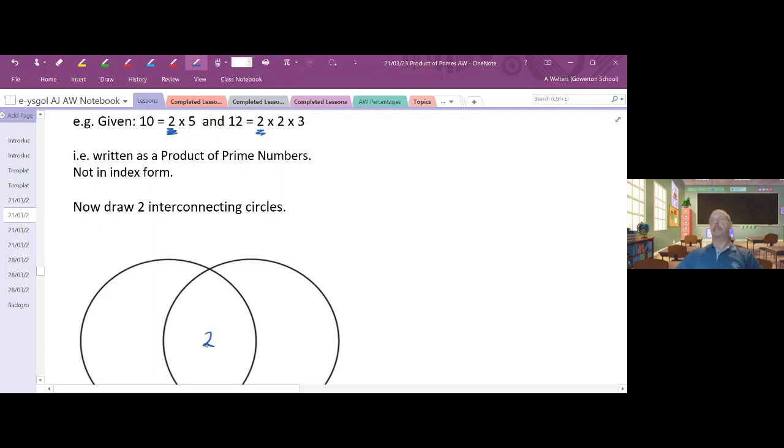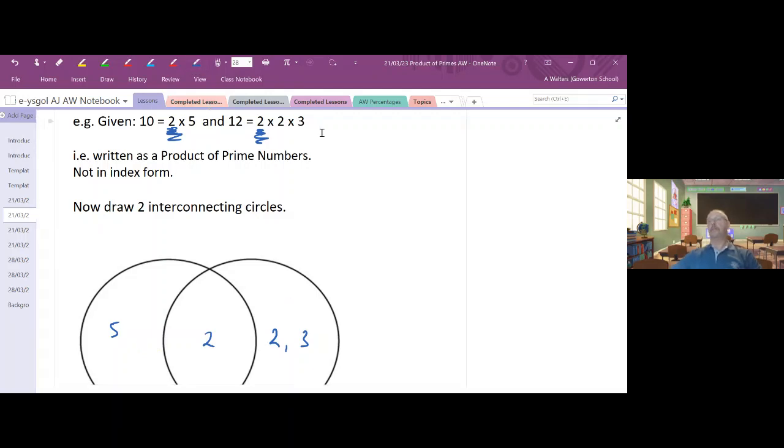And what's left is a 5 on the left hand side, and on the right I've got a 2 and a 3. So the number 2 is common to both, so I put it in the center, and the number 5 is on the left, and the numbers 2 and 3 are on the right.